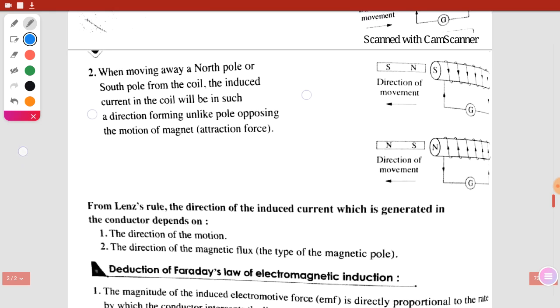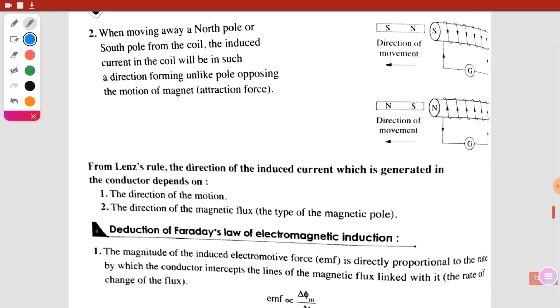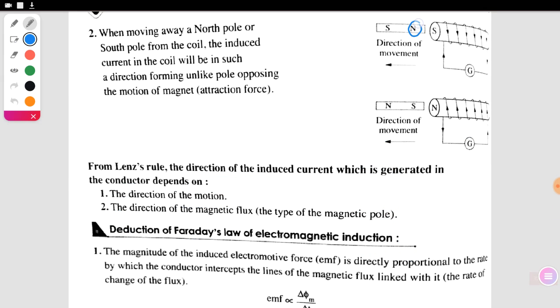When this experiment is repeated by using the north pole and pulling it far away, when we pull it out from the north, the other side becomes south and an attraction force is produced.